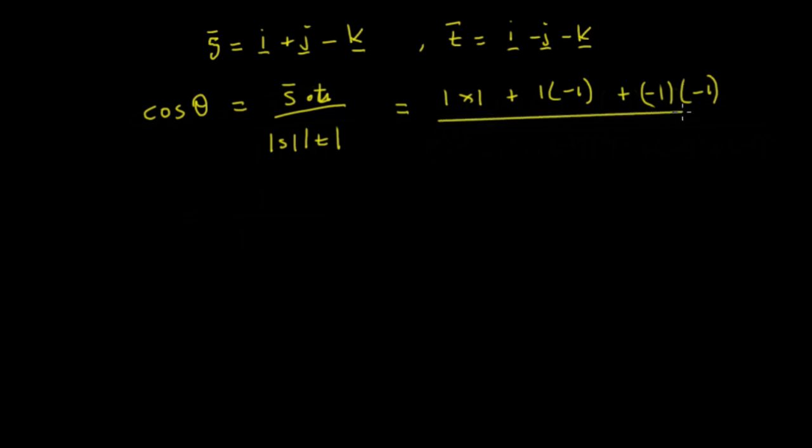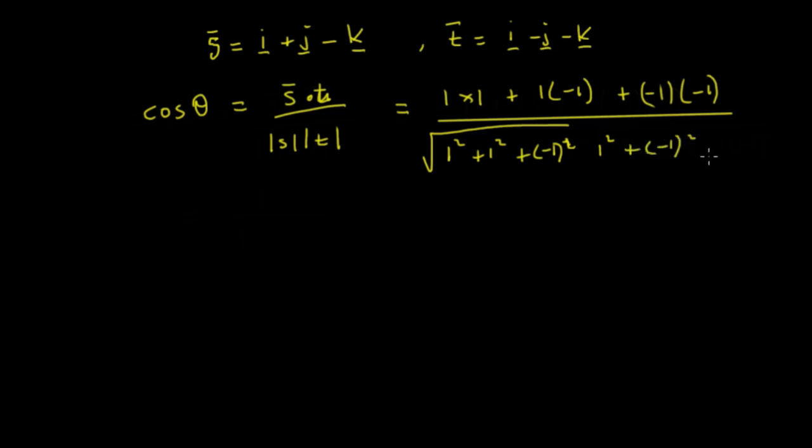And that's going to be divided by the length of vector s, so it's going to be the square root of 1 squared plus 1 squared plus the minus 1 squared for the k. And we're going to multiply it by the length of t, which is the square root of 1 squared for the i plus the minus 1 squared for the j plus the minus 1 squared for the k.